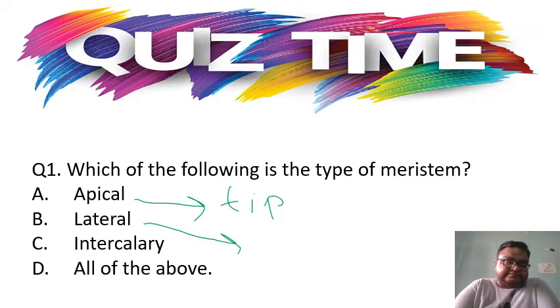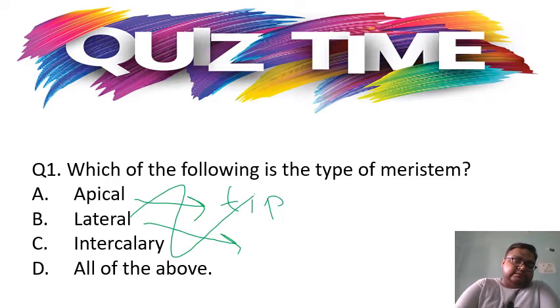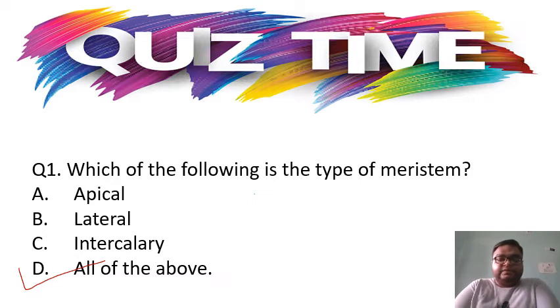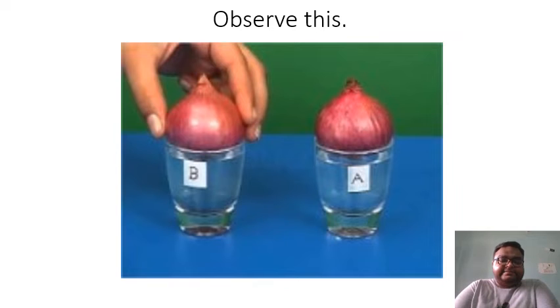And the intercalary meristem is present between the nodes. Very good. So the correct answer to this question is all of the above. Very good. Let's proceed ahead.